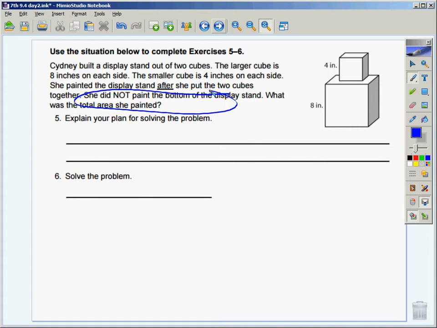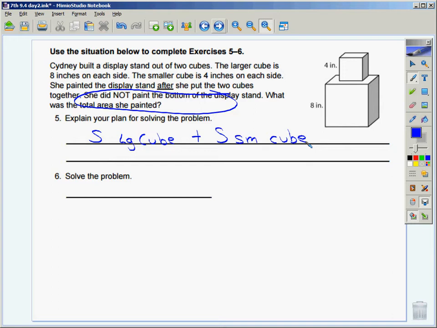So, if I were setting up a way to do this, I'd calculate the surface area of the large cube. I'd add to it the surface area of the small cube. Okay? I'm going to calculate the surface area, S, of the large cube.